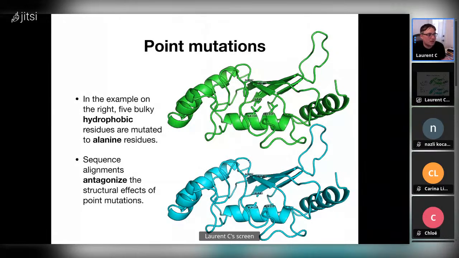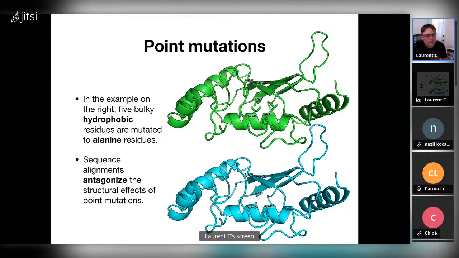Even though if you were to make these mutations to the protein in vivo, there is no way that such a mutated protein could fold into the same structure, that you would not perturb the folding of your protein. But in the prediction, especially if you remove part of the residues, so for example, if you go from an isoleucine to an alanine, it's possible that the structure that will be generated will be very similar to your wild-type protein.